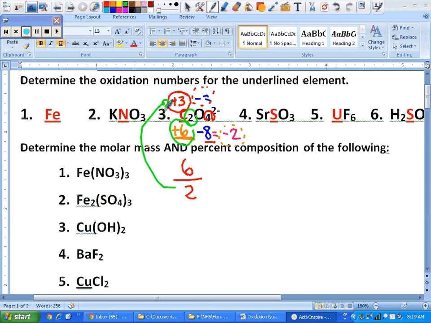So you just divide: 6 divided by 2. Each carbon is going to give away 3 each for a total of 6 given away. No, this is just for your math. The final answer would be +3. This is the math to let you know what that number is. Okay? All right.